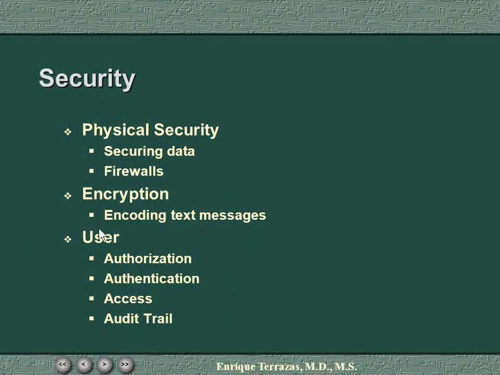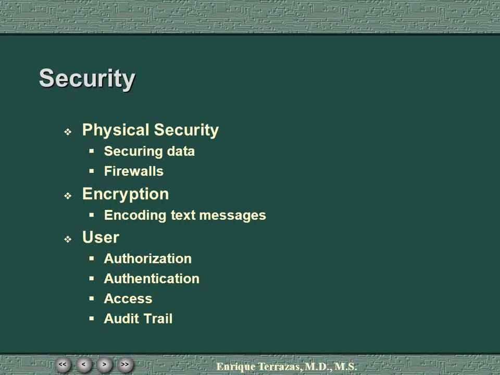And actually, the Achilles heel of security is the user himself or herself. There are four main concepts that come under the rubric of user security: authorization, authentication, access, and audit trail. Authentication is proving that the user is who they say they are.